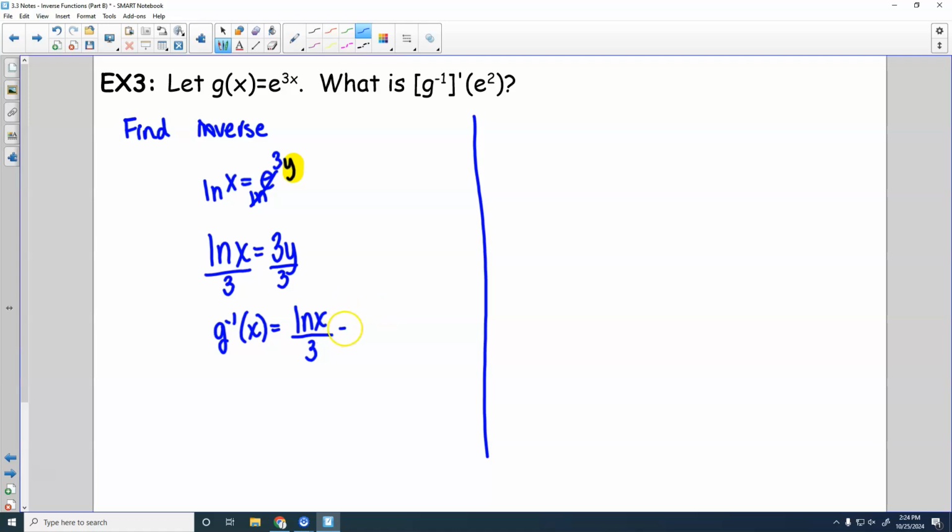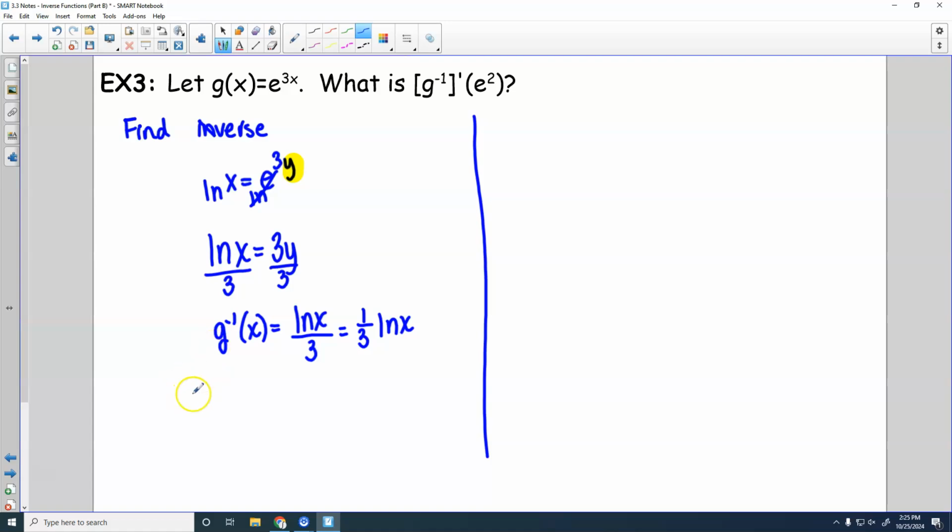Okay, I'm going to take the derivative. I'm going to write it this way. It's going to be 1/3 times the natural log of x. That just helps me wrap my mind around how to do it a little bit easier.